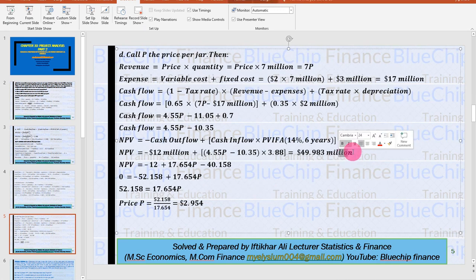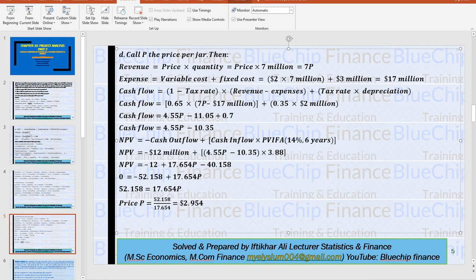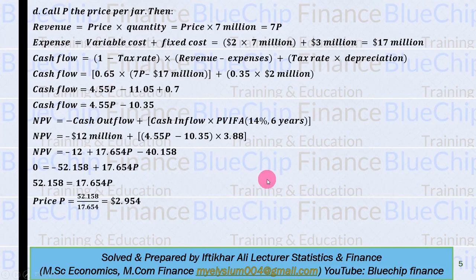Once again, here is a typo error. So NPV equals minus 12 plus 17.654p minus 40.158 after summing this part of the equation: 4.55p multiplied by 3.88, minus 10.35 multiplied by 3.88.